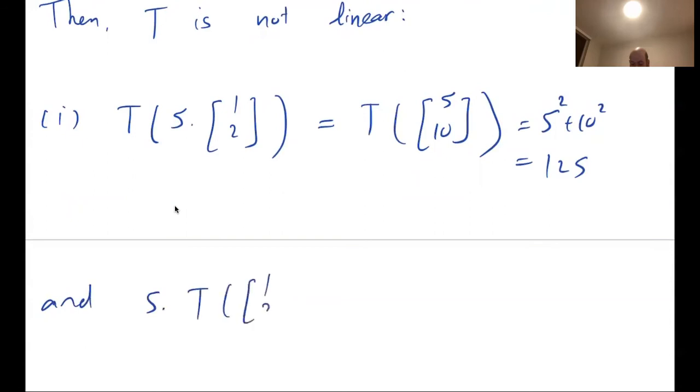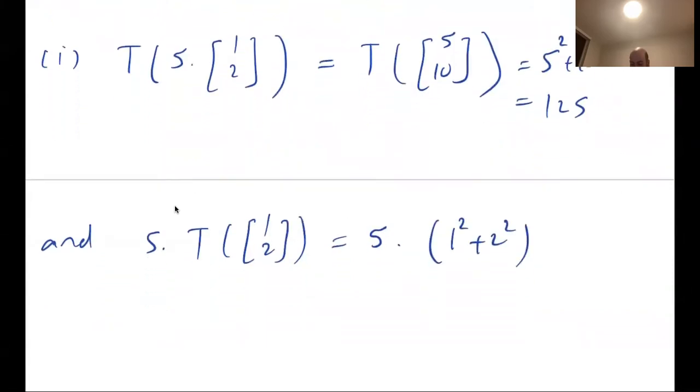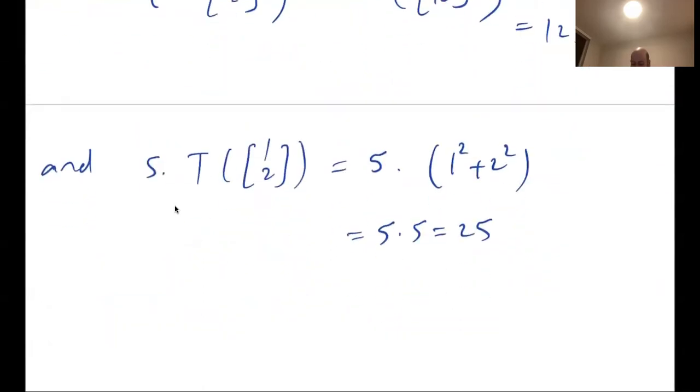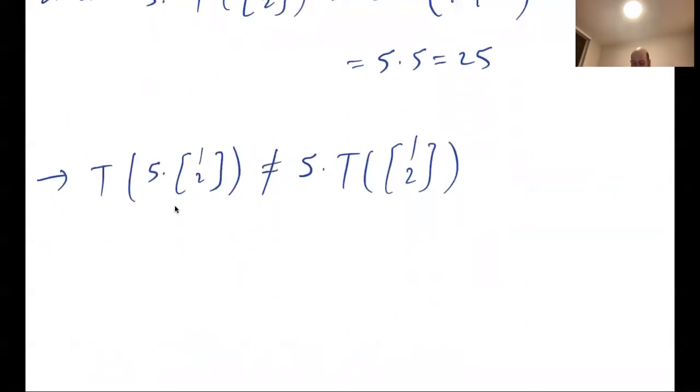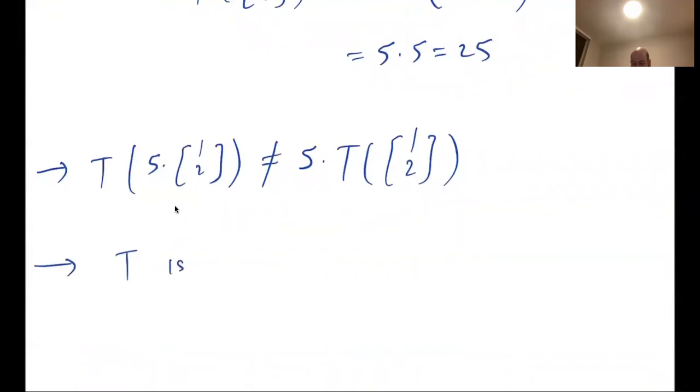T of (1, 2) is 1 squared plus 2 squared, so that's 5 times 5, which is 25. So we saw that T of 5 times (1, 2) is not the same as 5 times T of (1, 2), and that means T is not linear.